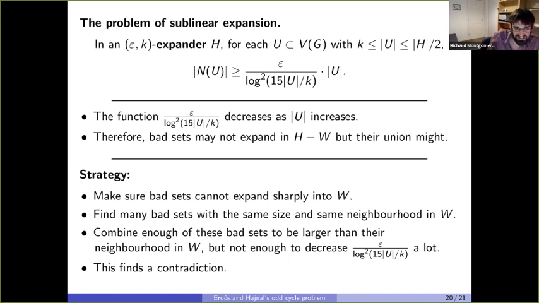And make sure that the bad sets don't really expand hugely into W. And this will allow me to find many bad sets which have the same size, but also have the same neighborhood in W. And then I can combine the right number of those bad sets to be larger than the neighborhood in W, but not large enough to decrease this expansion function a lot.